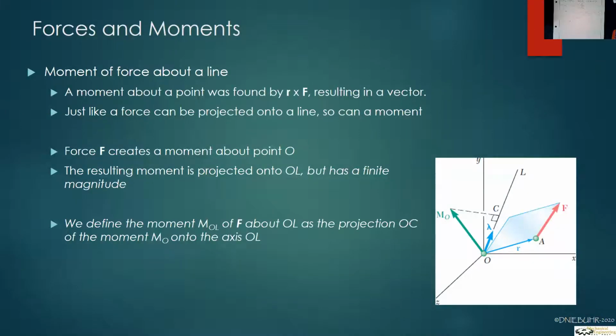Now, think about a moment of force about a line. Just like we found the projected force on a line, we could project a moment on a line. And this image over here actually shows the idea very well.